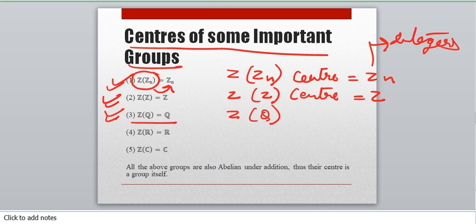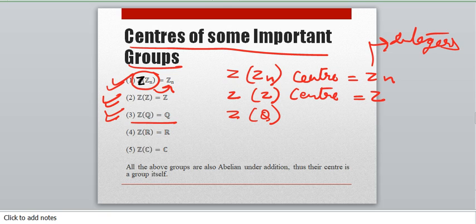One thing I would like to tell you: this is not a Z of integers. They have written it like that and I carried on saying integers. It's a normal Z, and the inside one is integers. This ZG is actually the center of a group. ZG is always a normal subgroup of G. So this is a normal subgroup of the integers whose center is Zn.